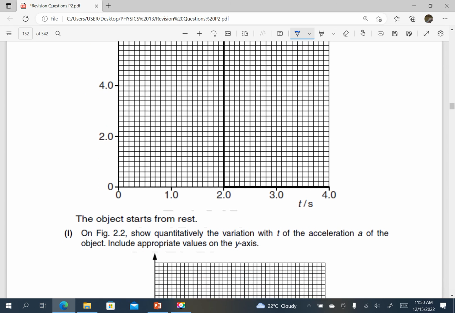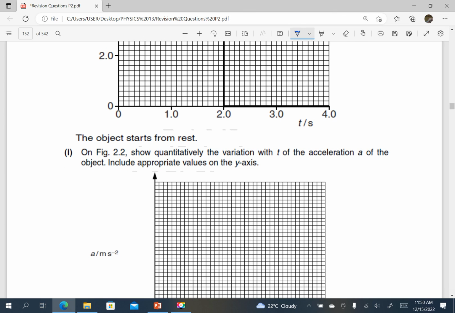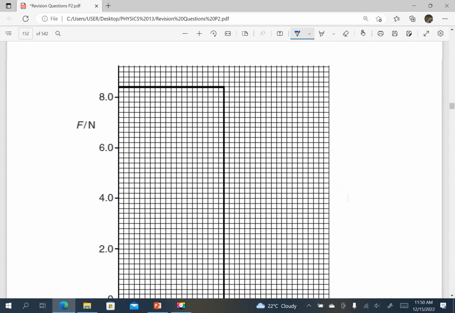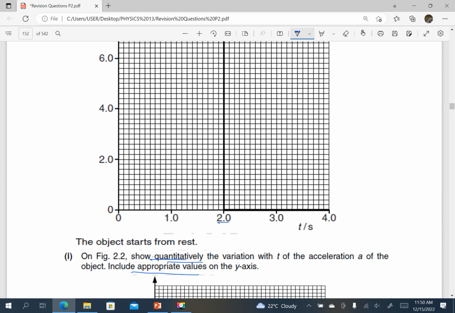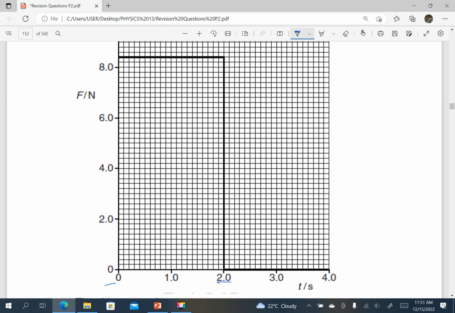So the question wants us, on the figure 2.2 at the bottom here, to show quantitatively, that is, you must quote values, the variation with the time t of the acceleration a of the object. Include appropriate values. Let's first find the acceleration between t equals 0 to t equals 2. You see that the force is constant, so resultant force is mass times acceleration.